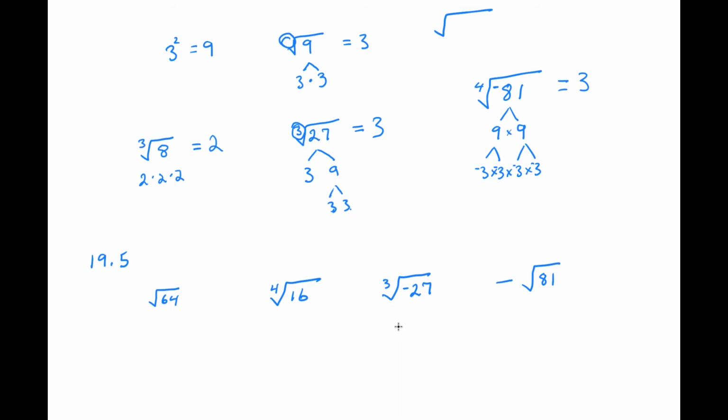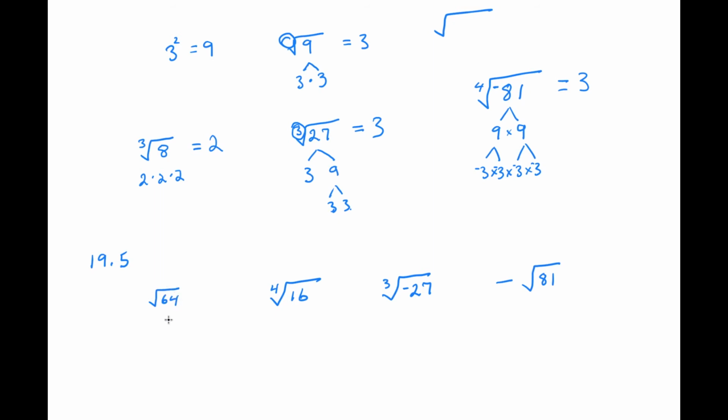So keep that in mind. If this were a 2 or a 4 or a 6 or an 8 or a 10, you couldn't have a negative here. But a 3 is okay because it's an odd number of negative signs, and that is a potential result.